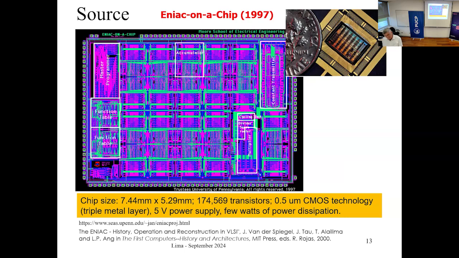So it's a very thin die of around 36 square millimeters, and it performs the same or better than the ENIAC. This is a replica of the ENIAC, but with much smaller power, much smaller size, and much better performance.